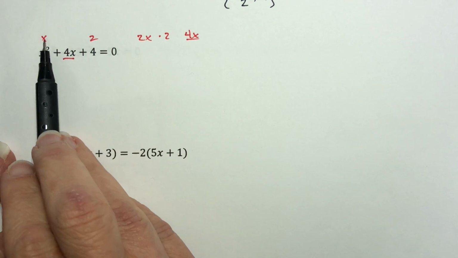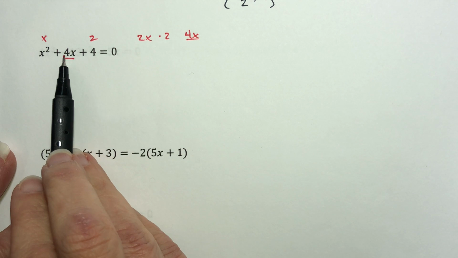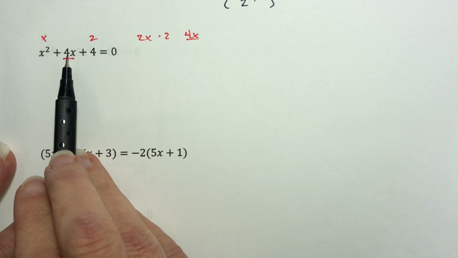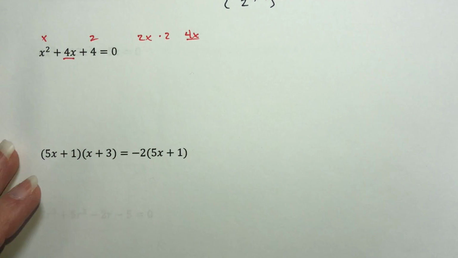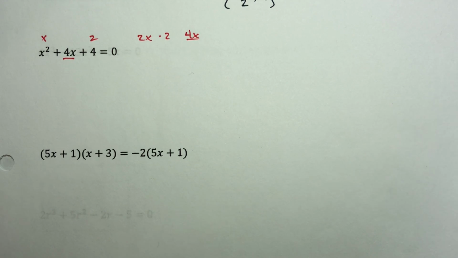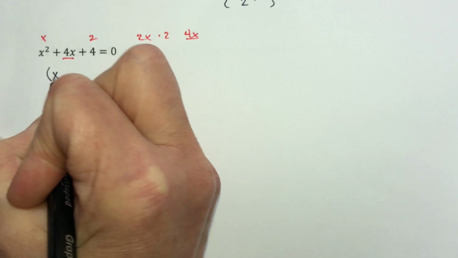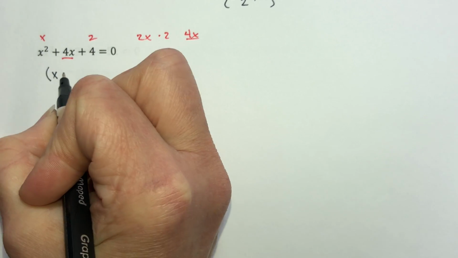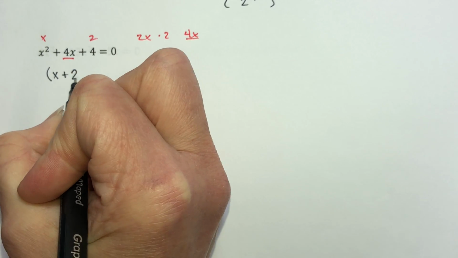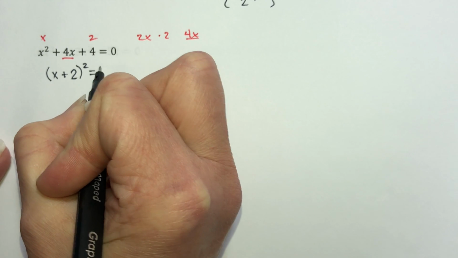If doing this process had given me anything other than a 4, it would not work, and we need to go to 6.2. But this is a perfect square trinomial, so this factors as x plus 2 squared equal to 0.